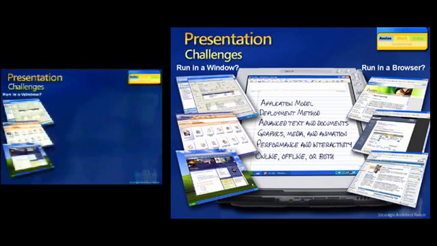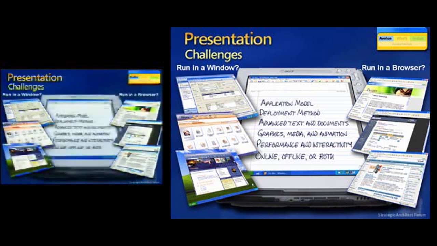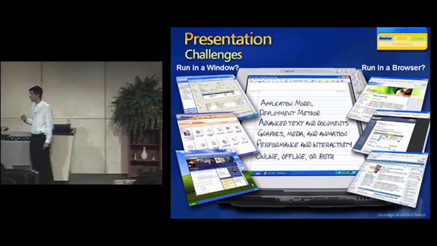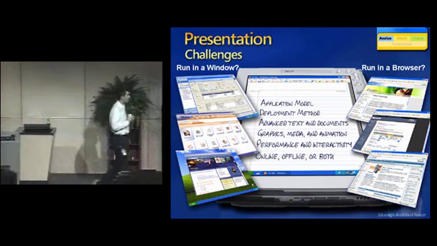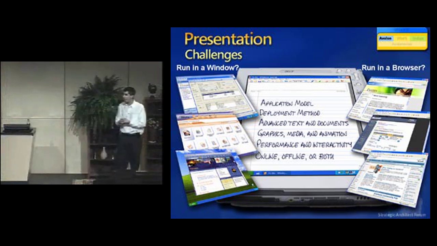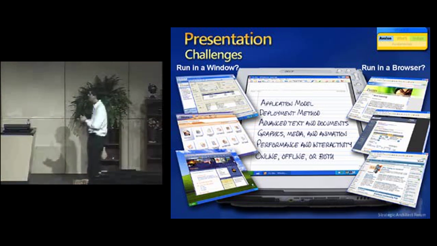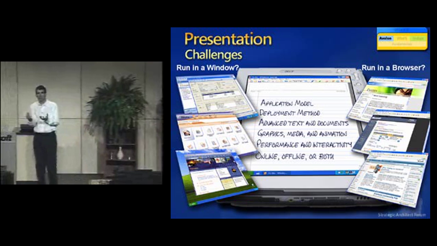So I'm going to talk about the three major areas of investment: presentation, WinFS, and collaboration, Indigo. So the presentation team, as I mentioned, is the team that I run, and really one of the challenges that we faced in doing this is that our team was really formed out of two groups.